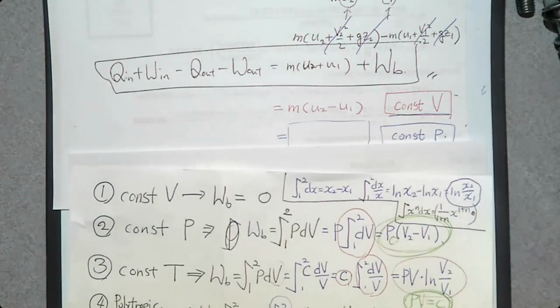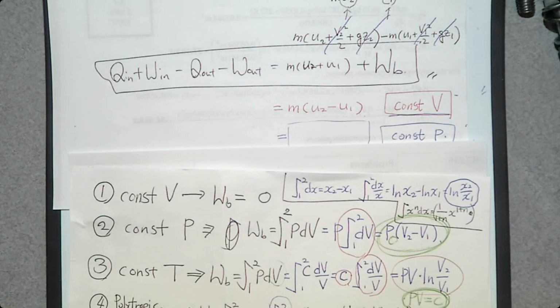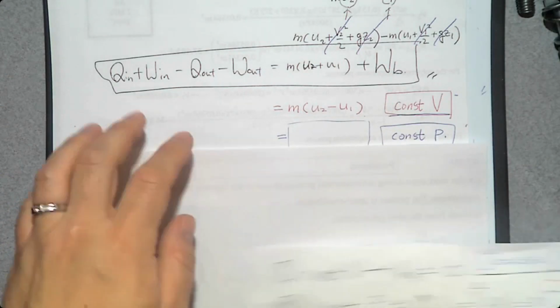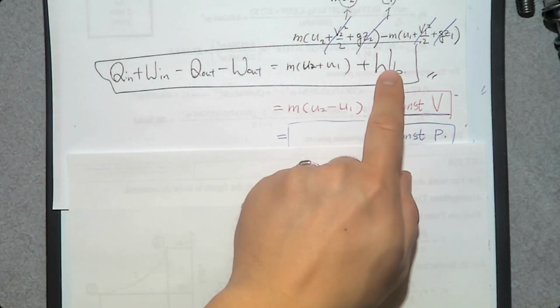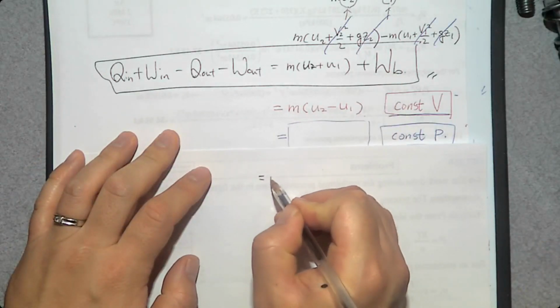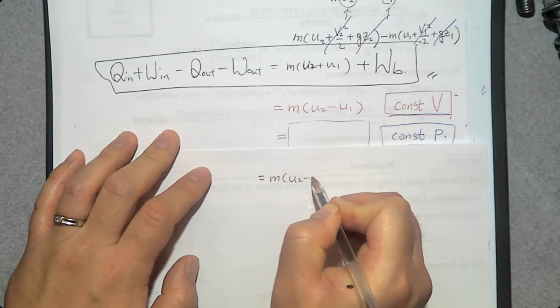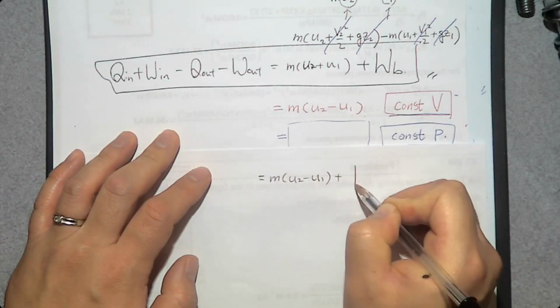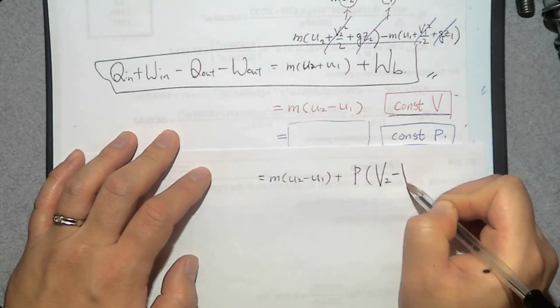For constant pressure, moving boundary work is P times V2 minus V1. So I'm going to write this one to replace this ugly WB: mass times U2 minus U1 plus P times V2 minus V1.